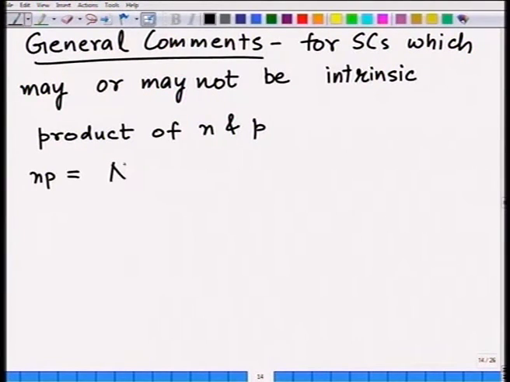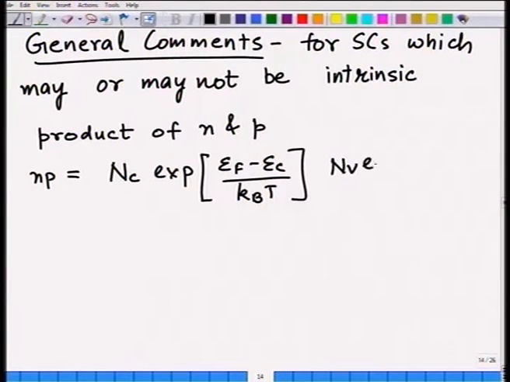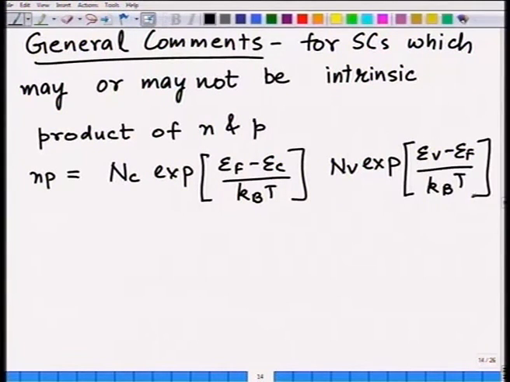is equal to Nc e to power Ef minus Ec by kBT, multiplied by Nv e to power Ev minus Ef by kBT. I am assuming non-degenerate semiconductor, I am continuing to assume that.